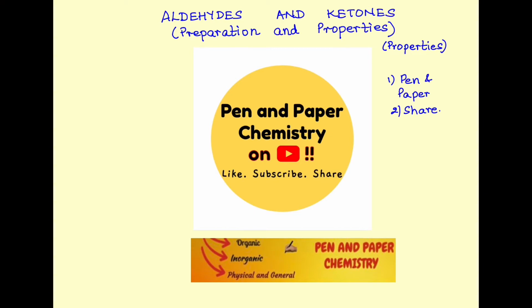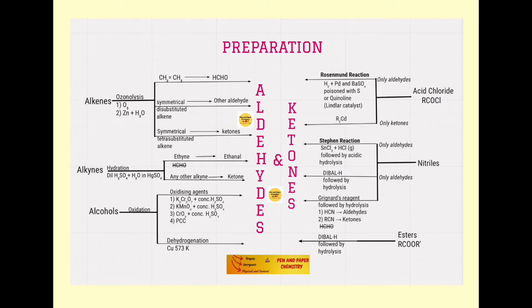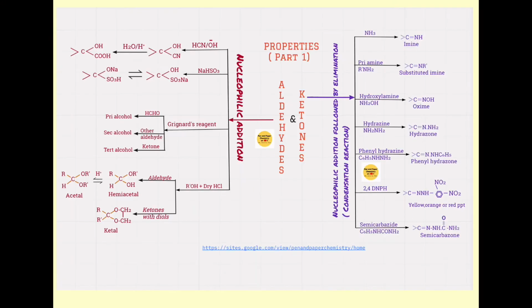So let's get started. We had already started with the preparation of aldehydes and ketones in the previous videos, and all the while it took me some time to prepare these very helpful flowcharts. So are you looking for a flowchart for properties as well? So there you go.